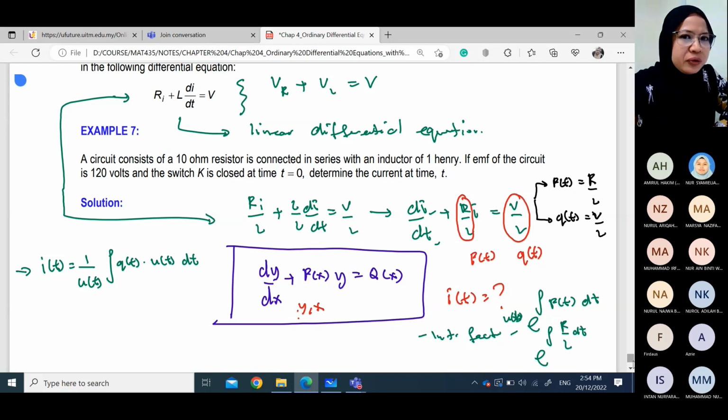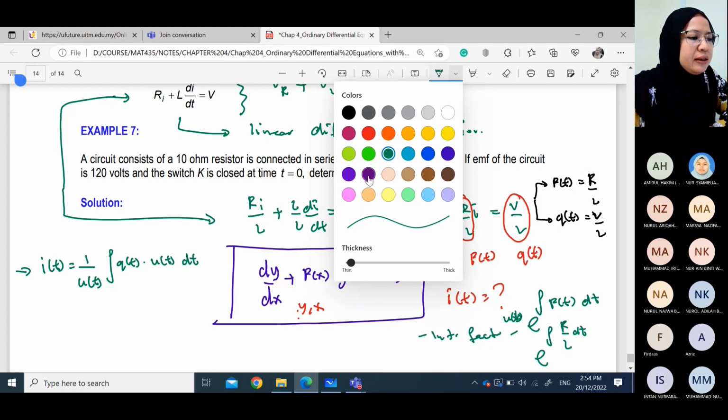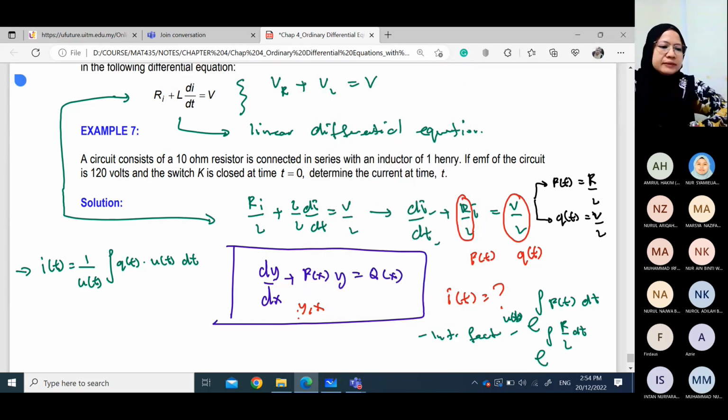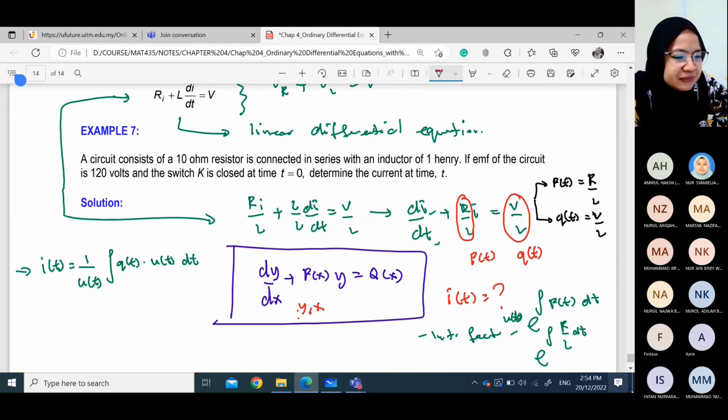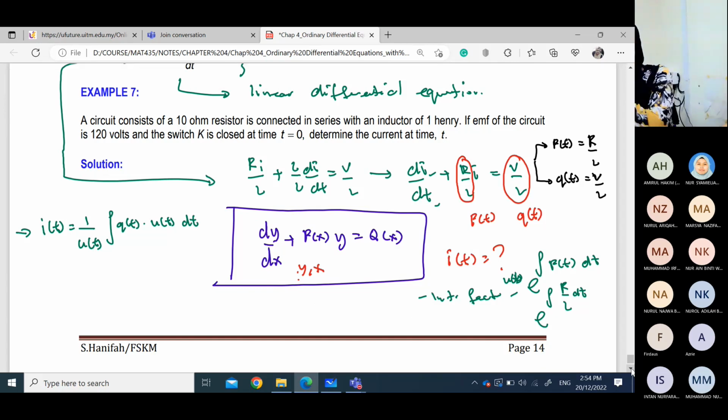Okay, group 221C, any question? Tak ada soalan. Girls, okay? Okay, boleh teruskan? Any question, class?